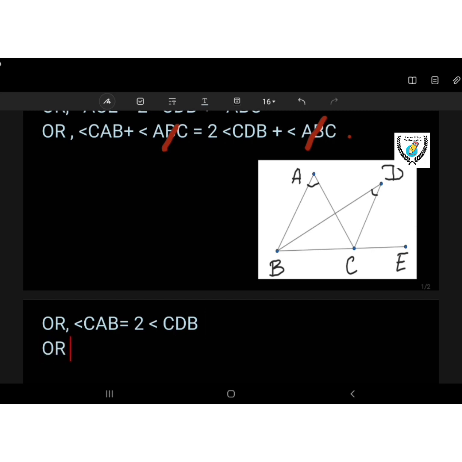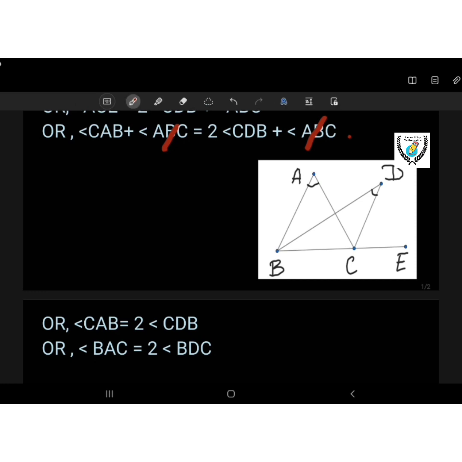After rearranging the angles, we get BAC equal to 2 angle BDC.